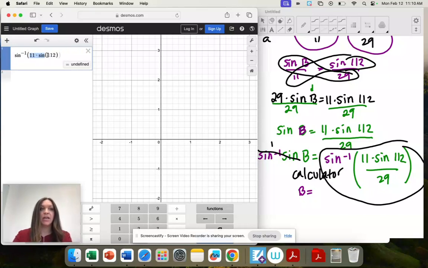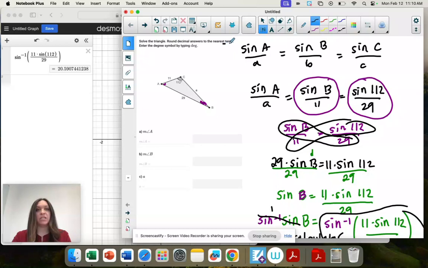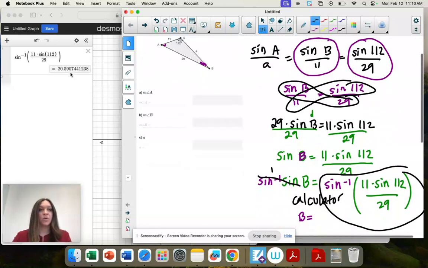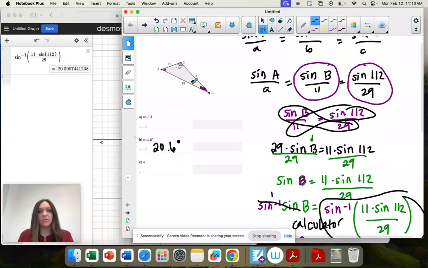So I'm going to highlight this whole thing, divide by 29. I'm going to make sure I'm in degrees, and we're rounding to the nearest tenth. So 20.6 is B. So 20.6 degrees is this one.